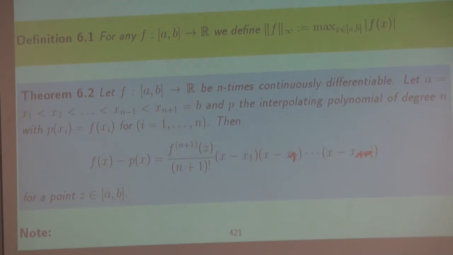But let's do for a moment something forbidden. So we put all points together to one point. That's what we did in Taylor expansion. In a Taylor expansion, we want to approximate a function by a polynomial in one point only.